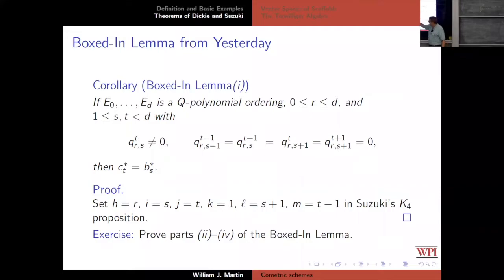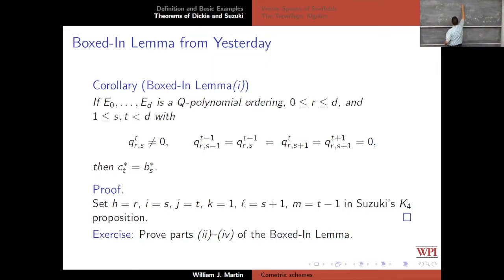Okay, so if I have in some Krein array, L sub R star, somewhere I have Q RST not equal to 0, and in row 1 lower, I have zeros, and in column 1 higher, I have zeros.